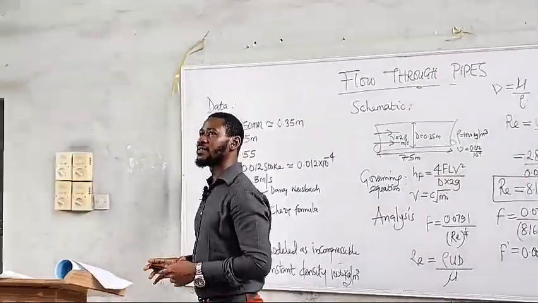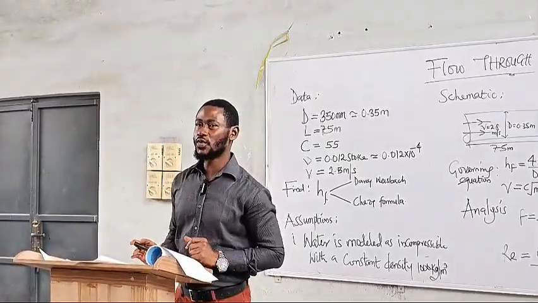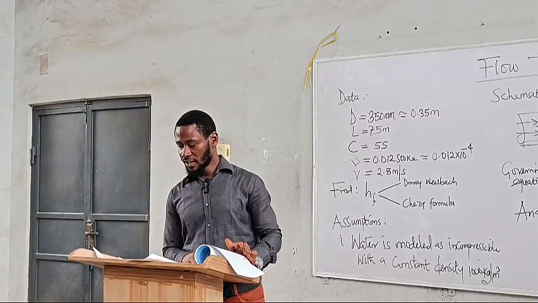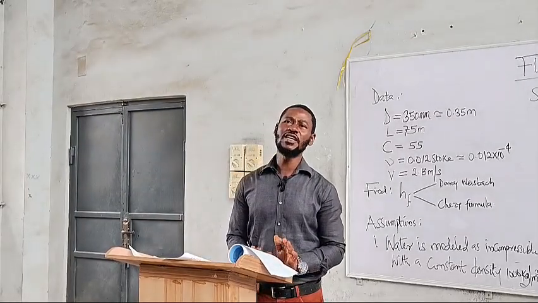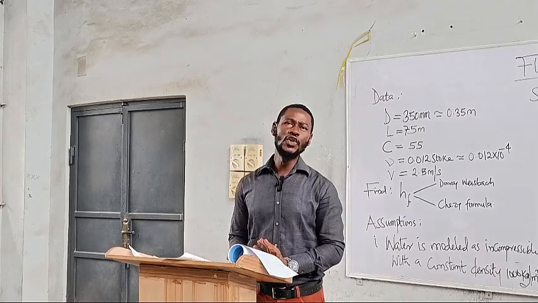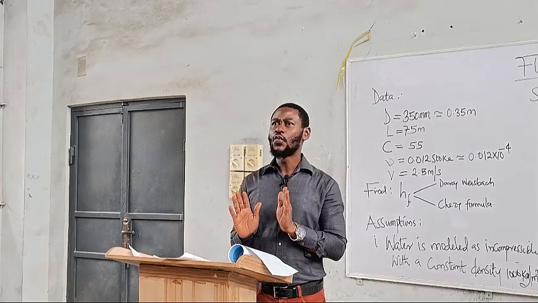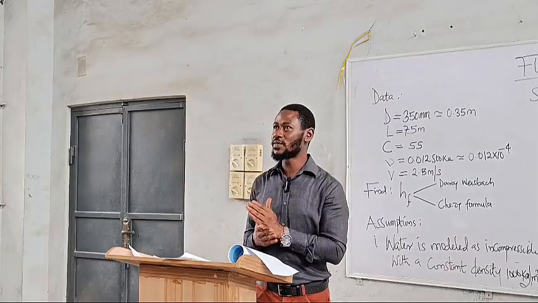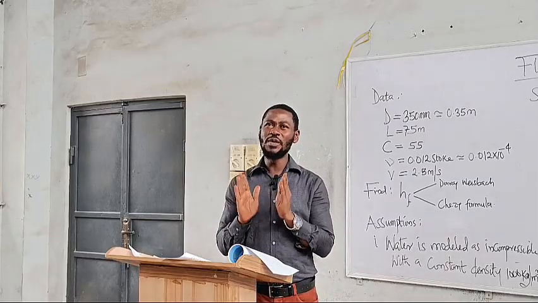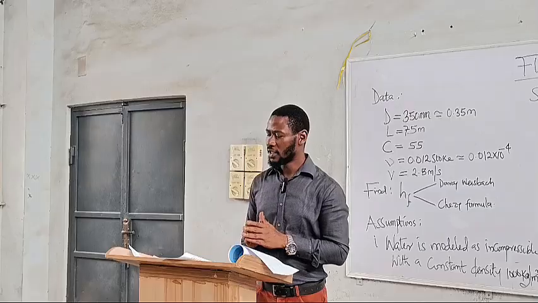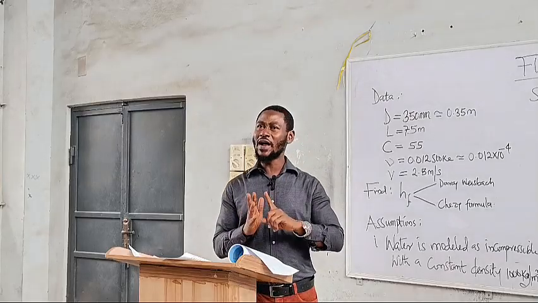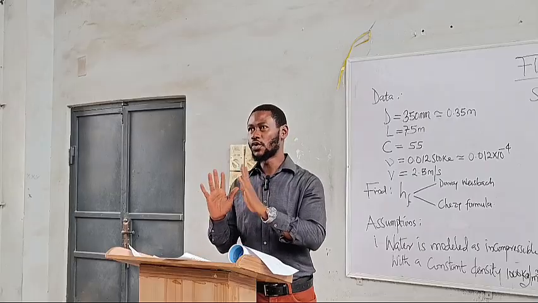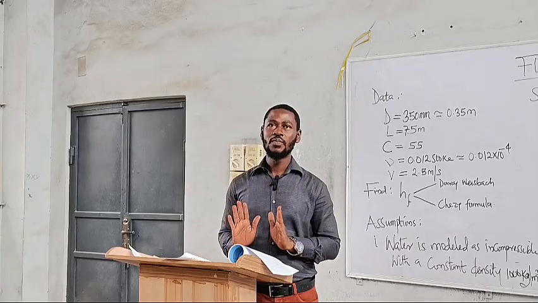Now we have calculated head loss using Darcy-Weisbach and Chezy constants. If you look at the calculated value, you will notice that what we got for Chezy is quite different from what we got for Darcy-Weisbach. This is based on two reasons: a conceptual reason, and the mathematical equation that is given.